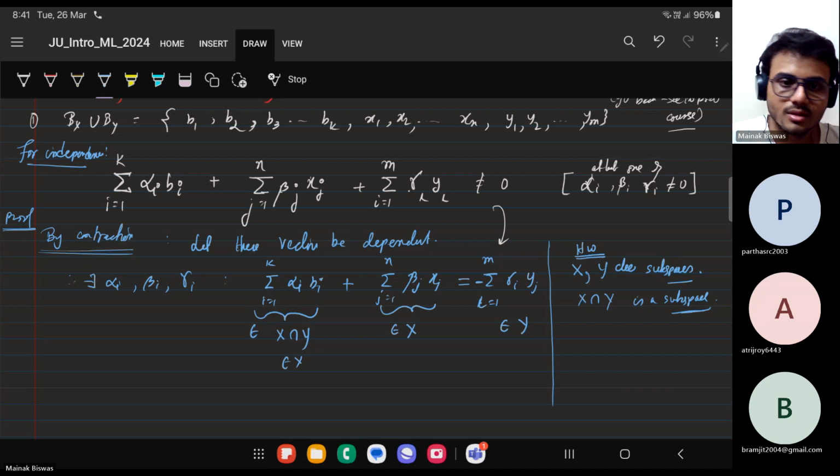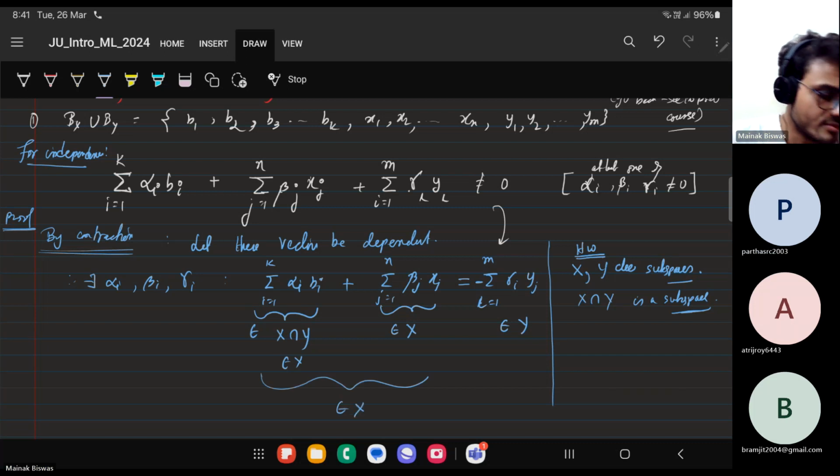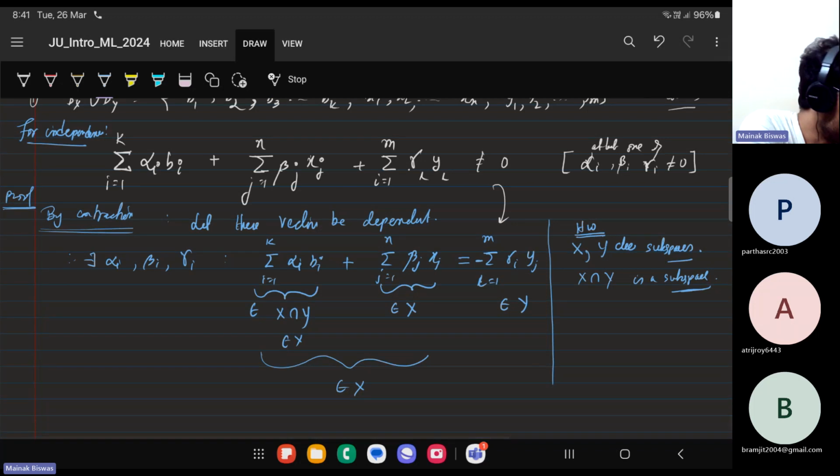So the left hand side belongs to X, and the right hand side belongs to Y minus the X intersection Y. But to be equal, what does it have to do? To be equal, other than the zero vector, this must belong to X intersection Y.